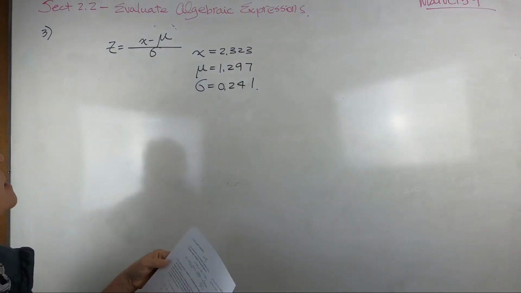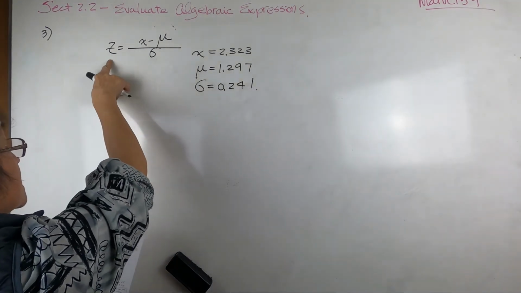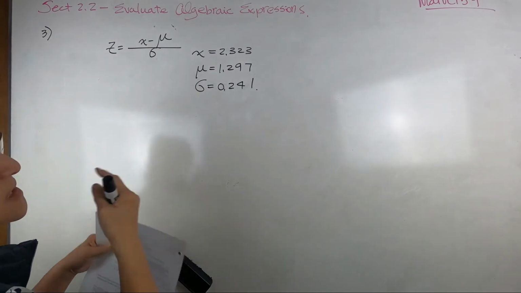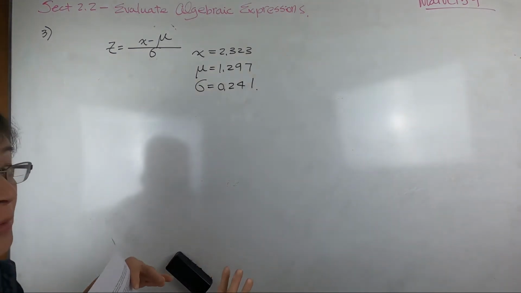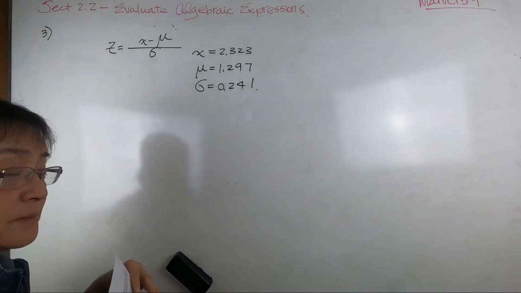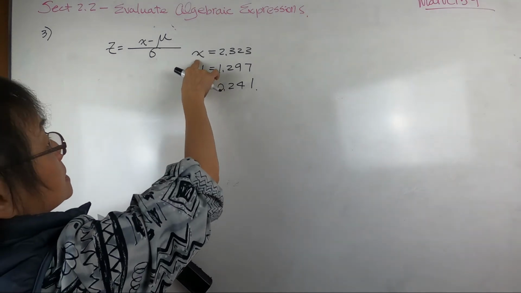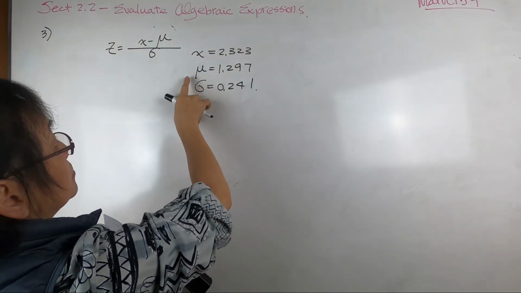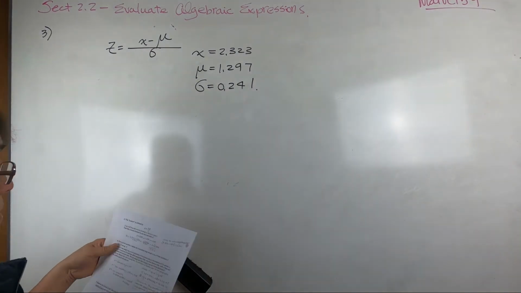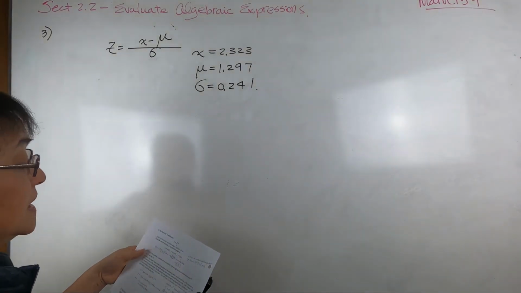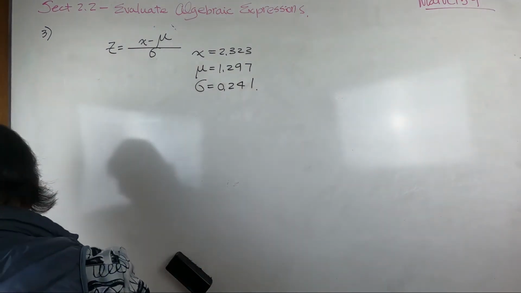So my formula z is this. We call this z, the z-score. A score, just like your grade, is for a purpose, to determine something. At this moment, x is given this number, mu is this number, sigma is this number. It says find the z-score. That means find the z value.